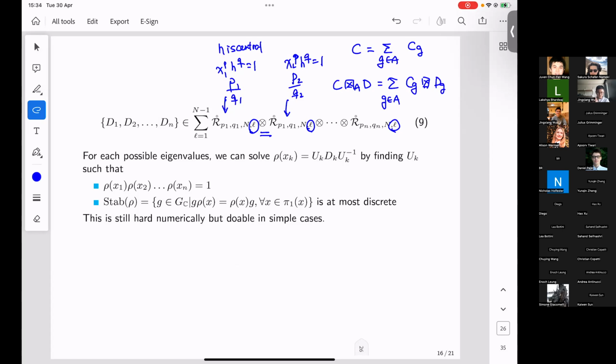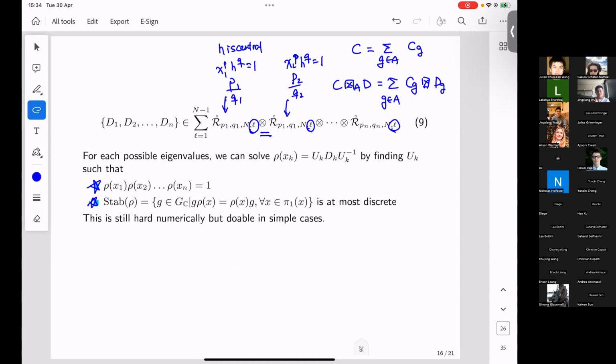Okay. So what's the rest of the equations we need to solve? This is the hardest one because it's highly nonlinear. The second equation we need to solve is we need to make sure the flat connection is irreducible, so the stabilizer has to be finite.